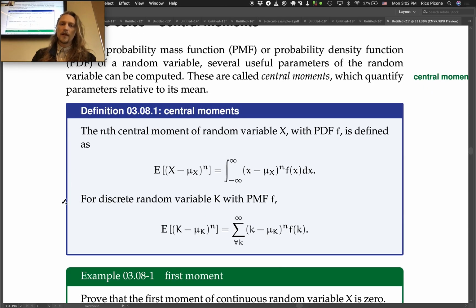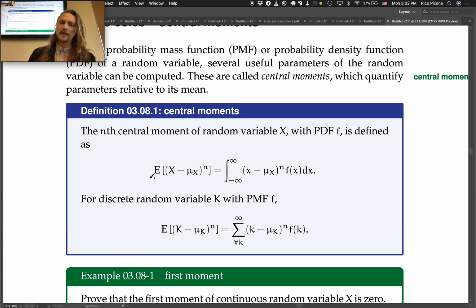So, the definition of central moments. The nth central moment of a random variable x with PDF f is defined as the expected value of x minus its mean: you subtract from the random variable its mean value, raise that difference to the nth power, and take the expectation of that.